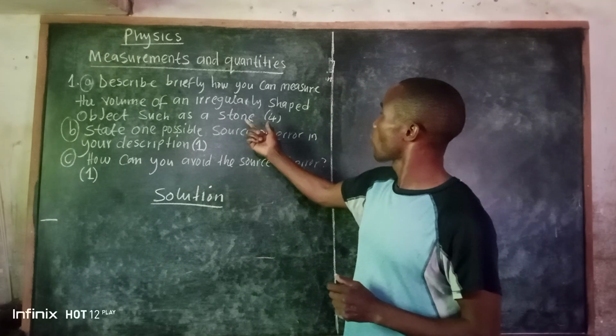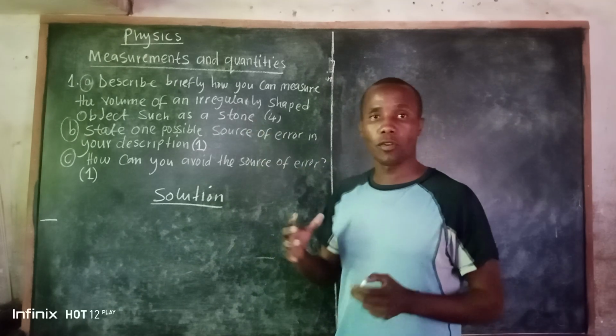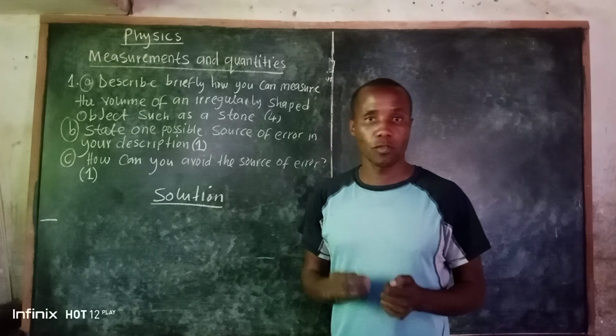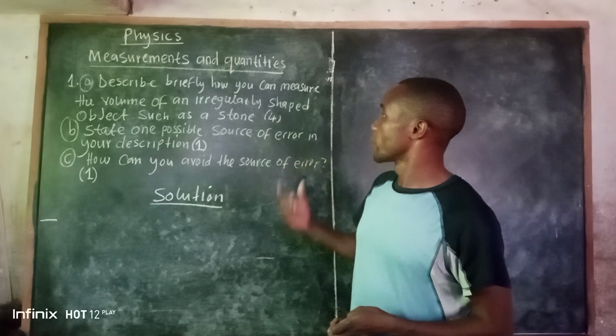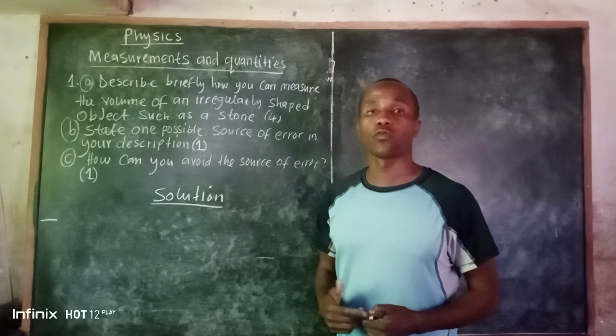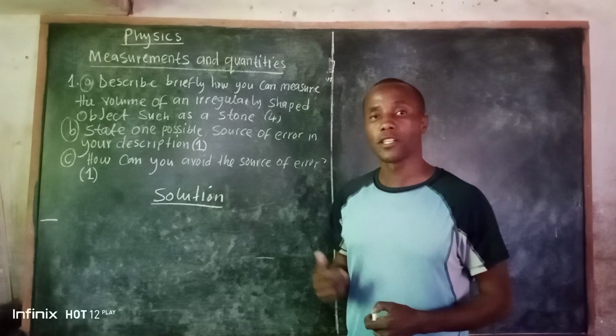For example, a stone. A stone doesn't have a definite shape, hence we call it an irregular shape.